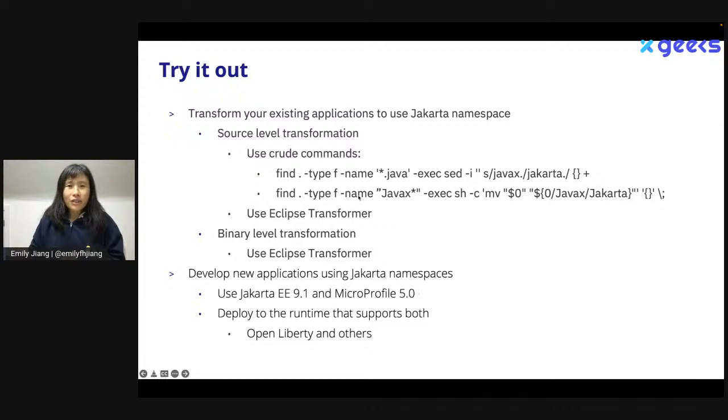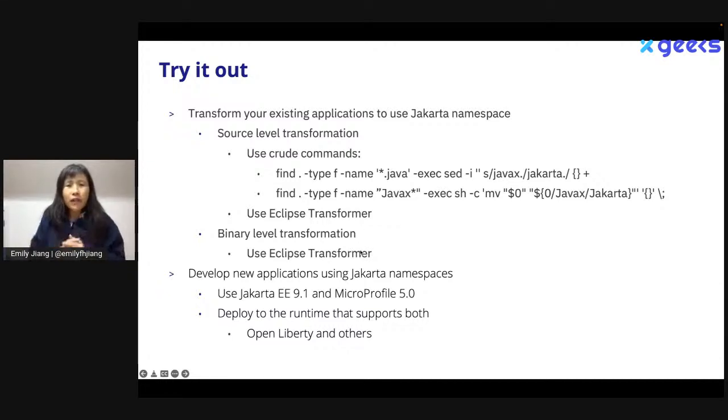There are some commands you can use to directly transform javax to Jakarta in the Java files, or transform file names, or you can use the Eclipse Transformer to transform the source. For binaries, if you don't have the source code, or you think the source will not change, you can just transform the binary using Eclipse Transformer.